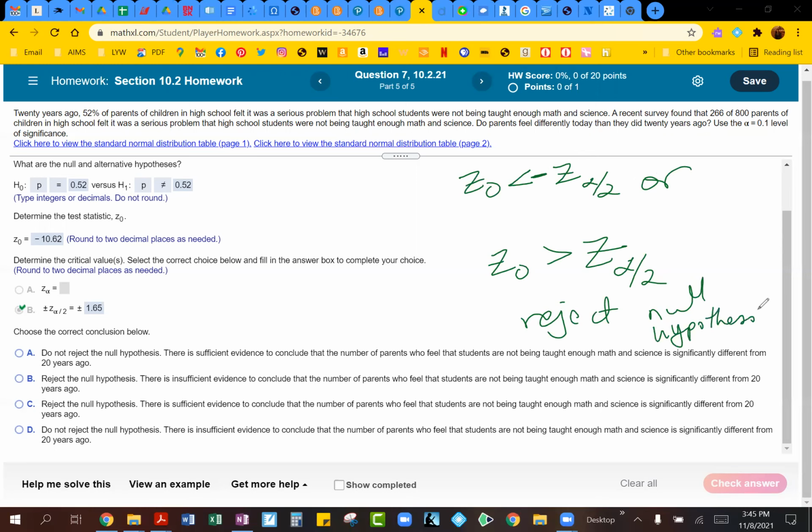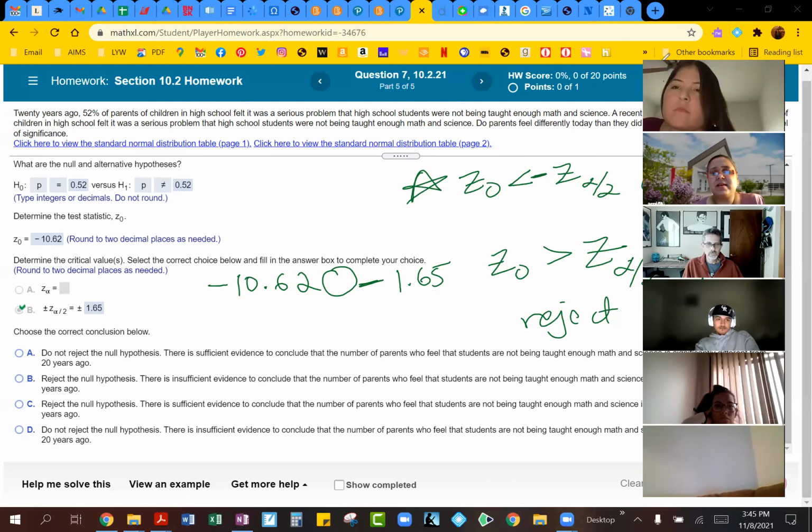So let's do our comparison over here. Our z sub 0 is negative 10.62. Our z sub alpha, if you use the negative one, I'm looking at this first part here, is negative 1.65. What symbol would you use here? Is it less than or greater than?